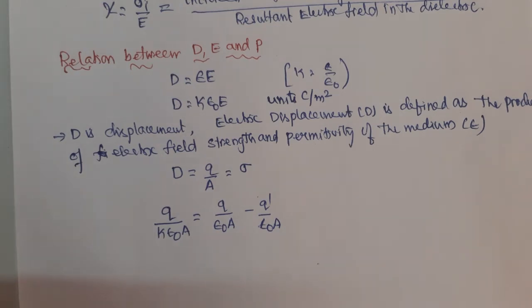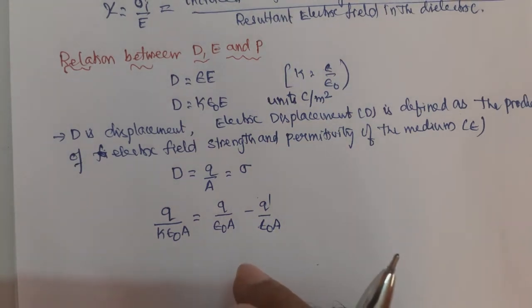The medium is polarized, and induced surface charges appear. The charge is negative on the surface nearer to the positive plate, and positive on the surface nearer to the negative plate.